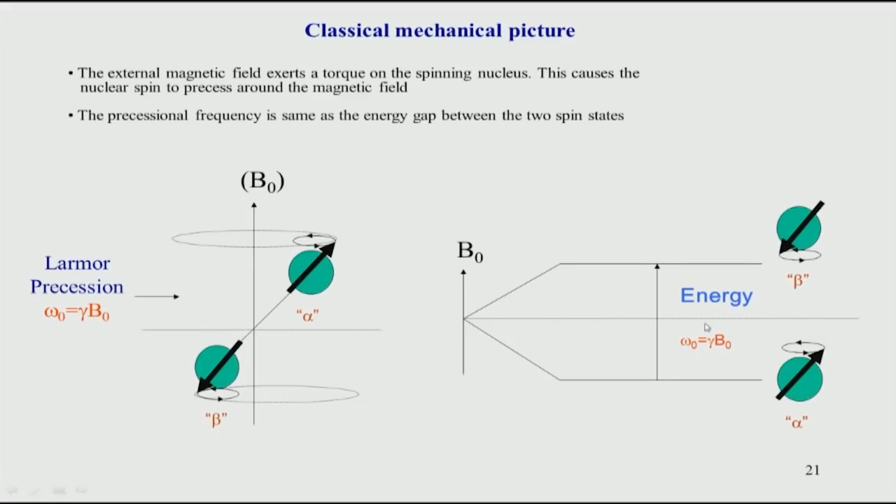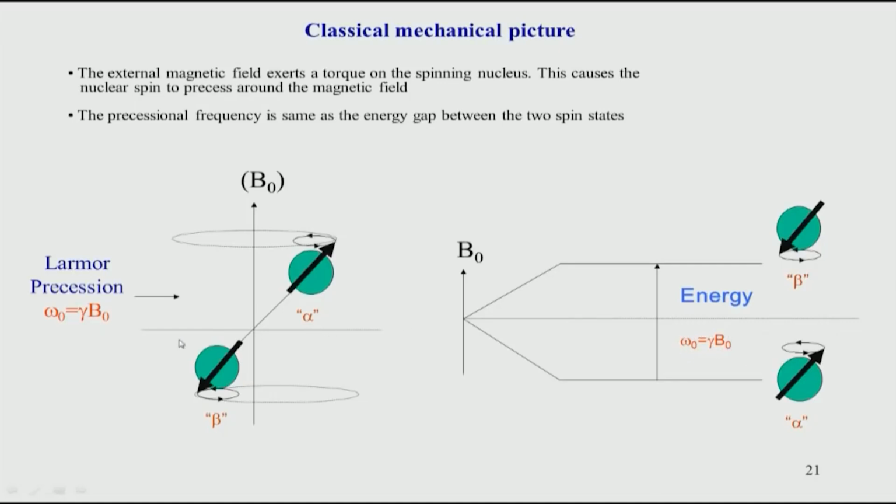Now, if you look at the quantum mechanical picture, which is what we have been looking at in the last few slides, there we talked about the energy levels, and here also the difference in energy level, delta E, is given by h times the frequency. This is the frequency at which the molecules absorb radiation from ground state to excited state, and the frequency of excitation is given by omega 0 equal to gamma B0.